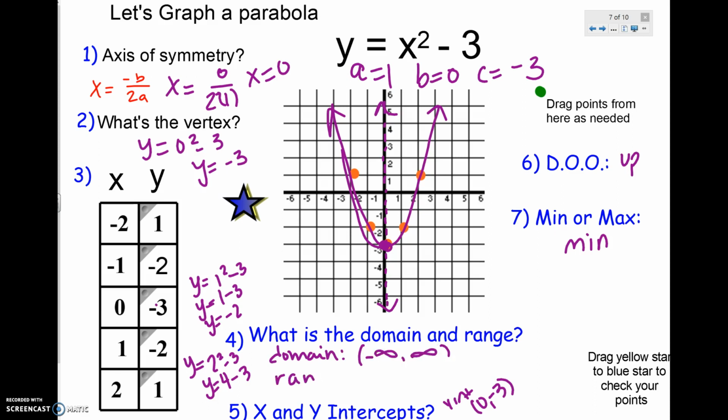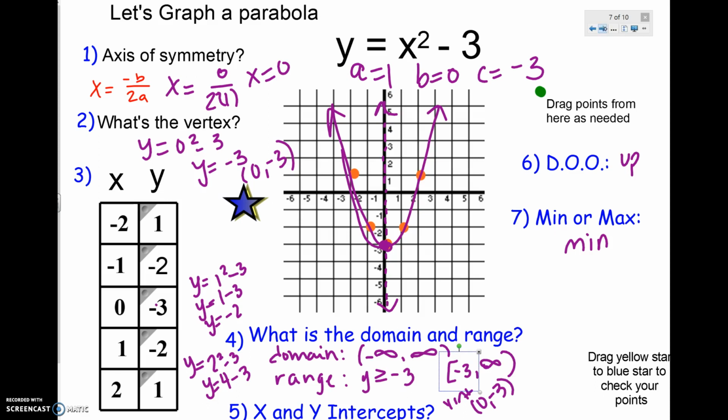And range is always going to be, since it's opening up, y is greater than or equal to my lowest y, which is my vertex y. And my vertex was 0, -3. So it is y is greater than or equal to -3. And in interval notation, it starts at -3 and continues to infinity.